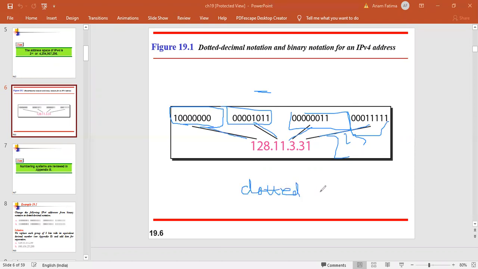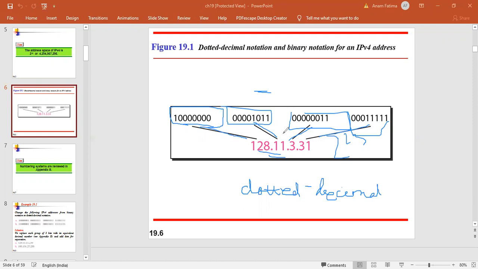Dotted decimal notation is more prevalent and more understandable. Whenever you give the ipconfig command, it gives you your IP address in dotted decimal notation. It is more compact and easier to read, and internet addresses are usually written in this dotted decimal format.